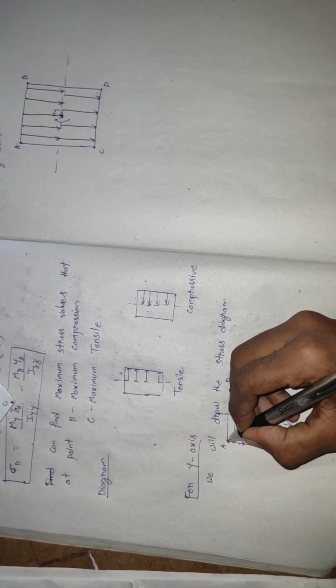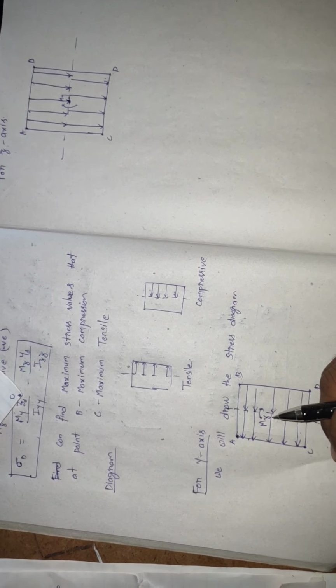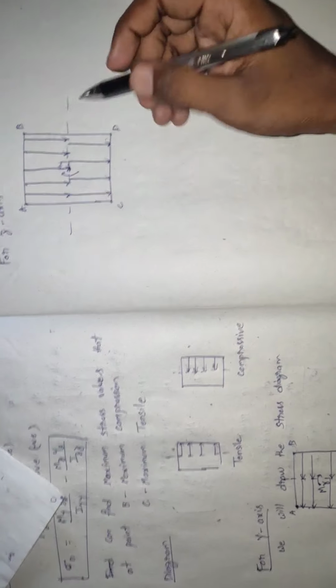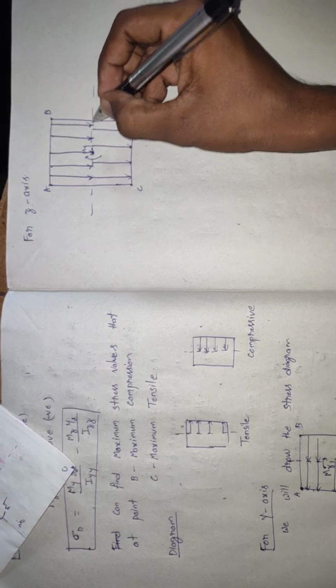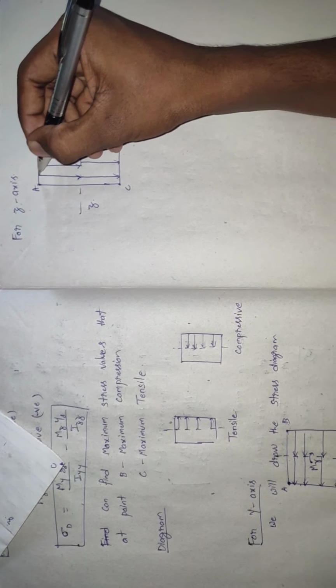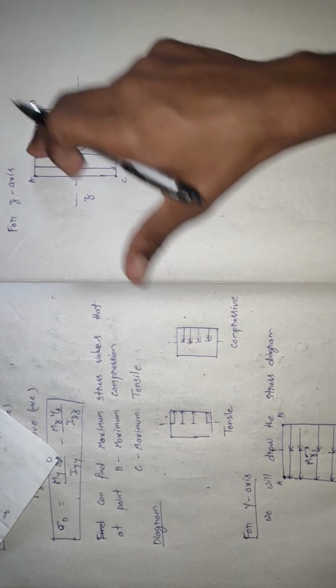As shown in both figures, we can see at point A, due to the y-axis moment, there is tensile stress. But due to the moment along z-axis, we get a compressive.